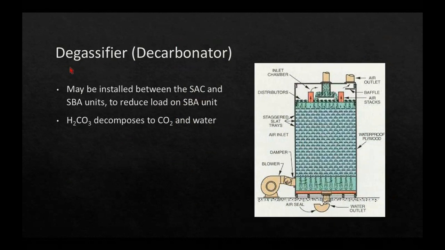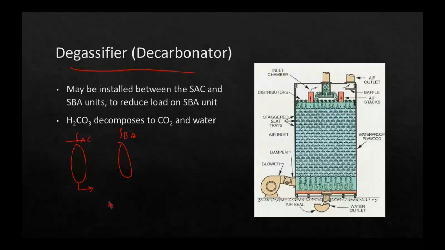So we talked about degasifiers. Now what we may do is if we've got a SAC unit and we've got an SBA unit, so we've got a cation and anion exchanger, leaving the SAC, we're going to get some carbonic acid.